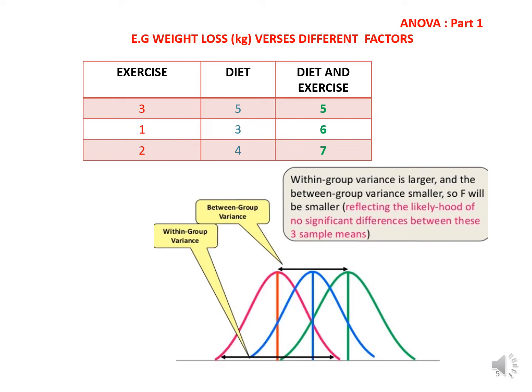At the end of the study, the weight loss was noted. Here, weight loss is dependent on diet and exercise or both. So, weight loss is a dependent variable, dependent on the independent variable, that is diet or exercise. This can be manipulated by the researcher.